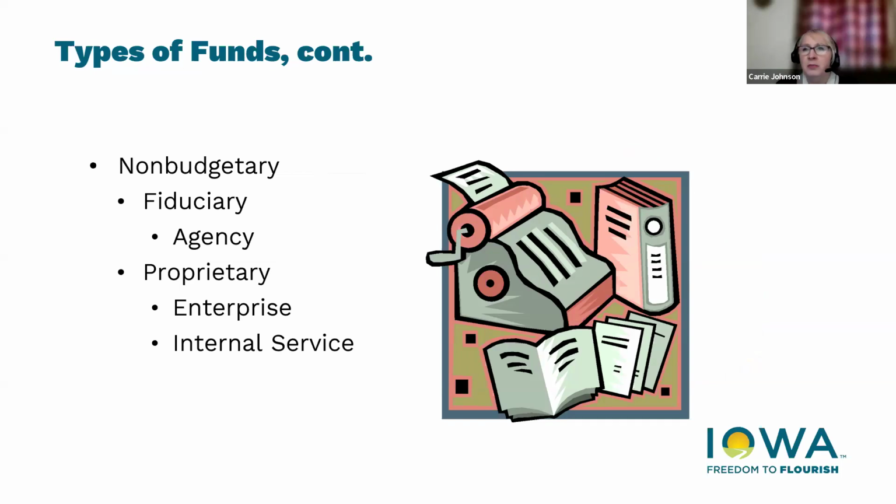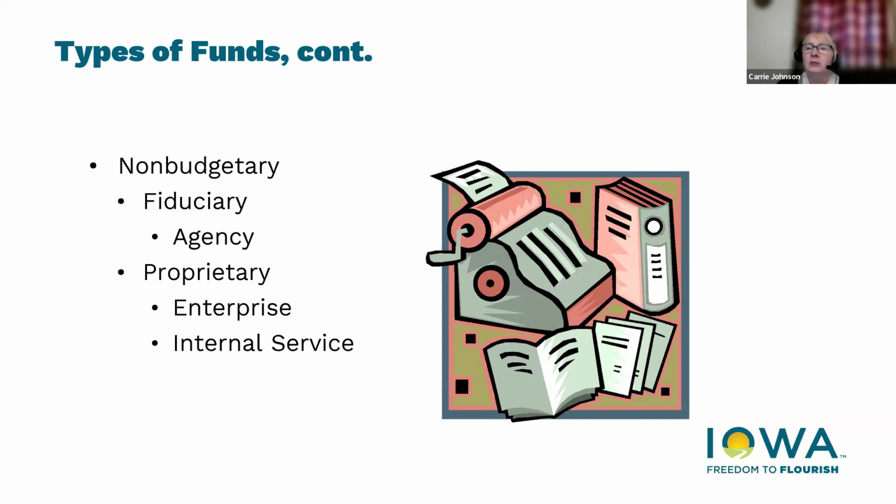You also have non-budgetary funds. When we talk about non-budgetary funds, we're talking about those funds that are not considered reportable within the budget that we're adopting in this case. So fiduciary funds, and you'll see this referred to as agency funds.